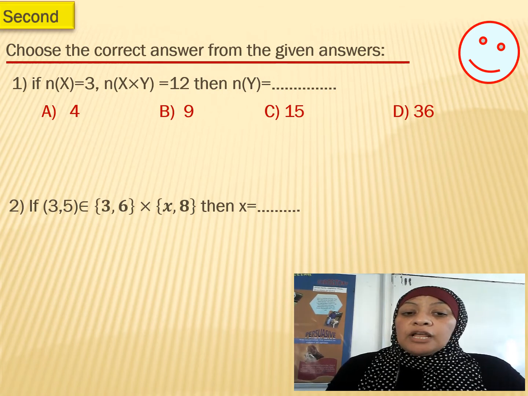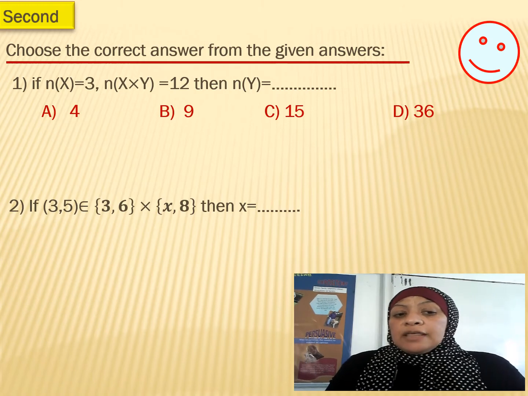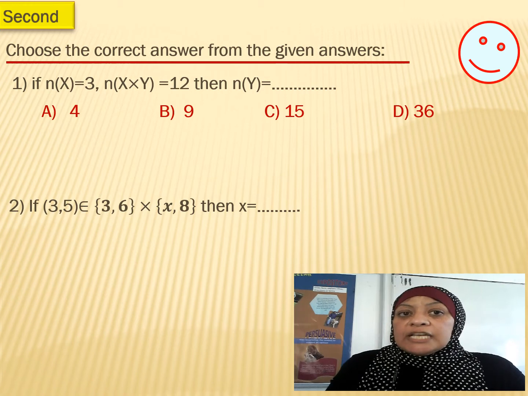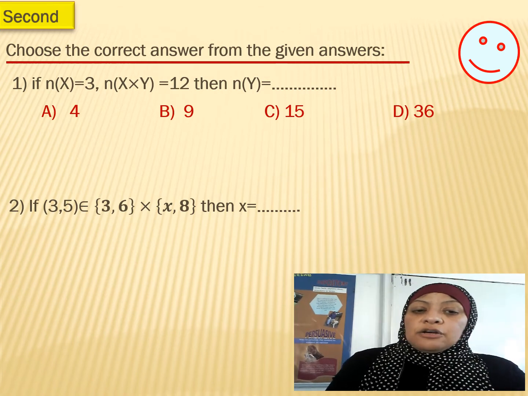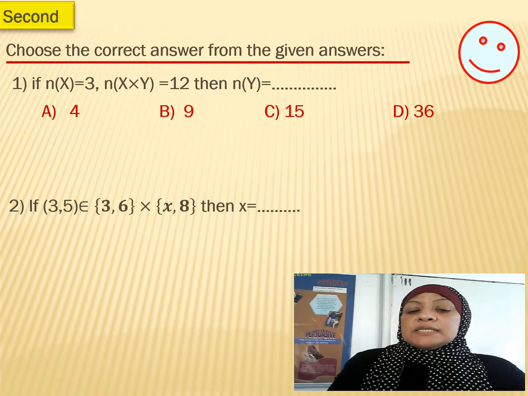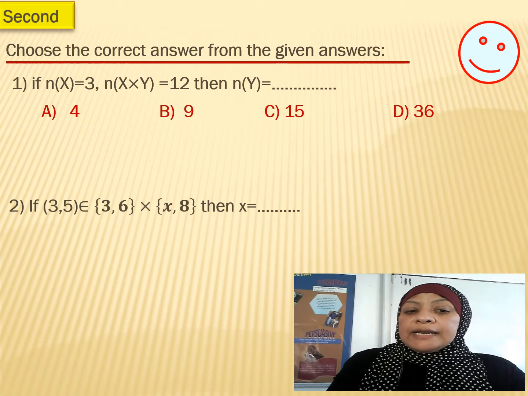then x equals what? From where did I get x? From the answer. The order pair here is the answer, or one of the answers, of the product of the two sets you have. If you find an element here, the corresponding element equals the variable.